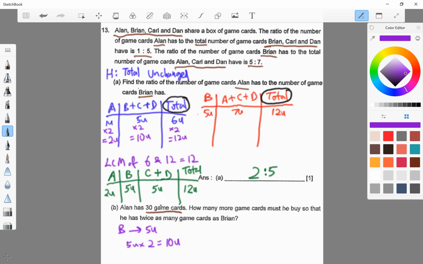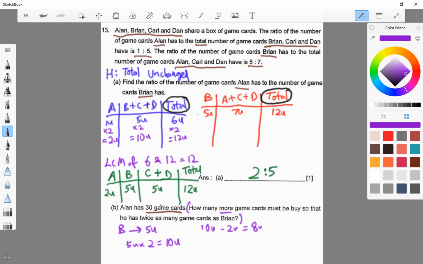As of now, Alan has 30 game cards, so Alan's number of units right now is just 2 units. In order for Alan to have 10 units eventually, from the starting point of 2 units, the increase has got to be 10 units minus 2 units, which will lead us to 8 units.